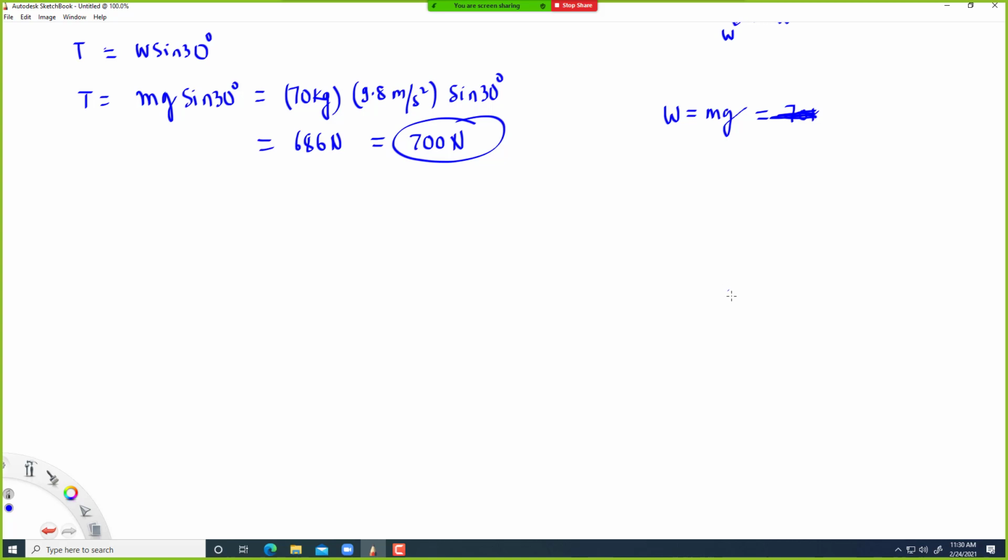Draw the free body diagram first. You can represent the sled by this dot. What is keeping the sled from sliding down the inclined surface is the tension.